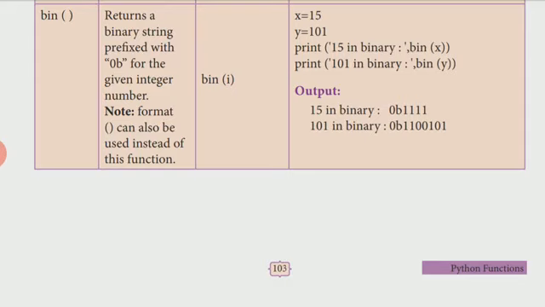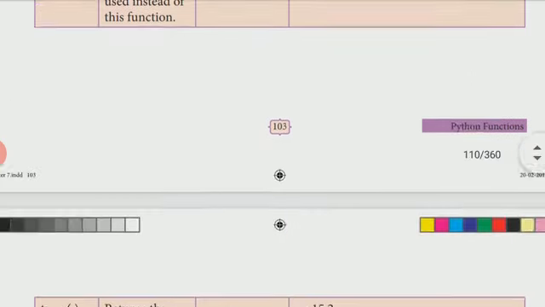That is, x value is 15. So BIN of x will show the answer 0b1111. This is the binary value of the number. So the BIN function will return the binary value of the number.